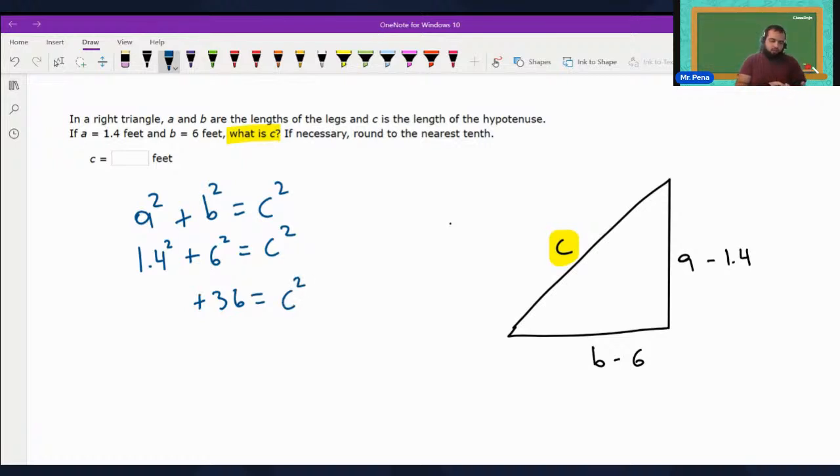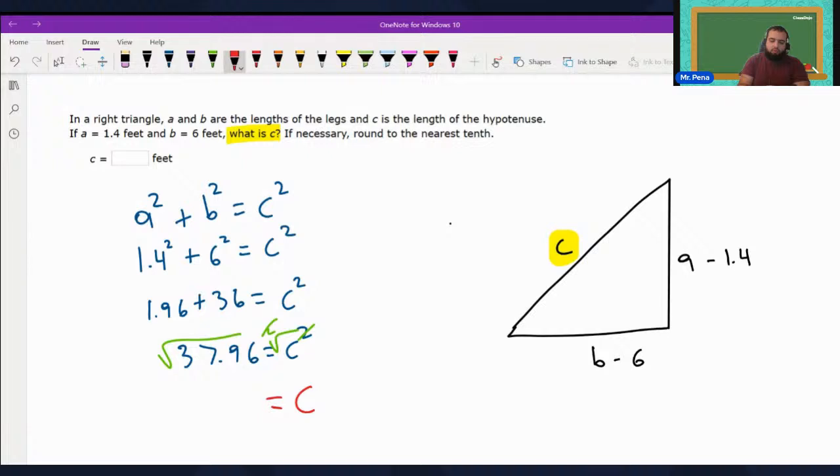Ah, yes. 1.4 times 1.4 is 1.96. 1.96 plus 36 is 37.96. Now we're going to do square root, square root. Square root both sides. You cancel out the squares, for lack of better words.